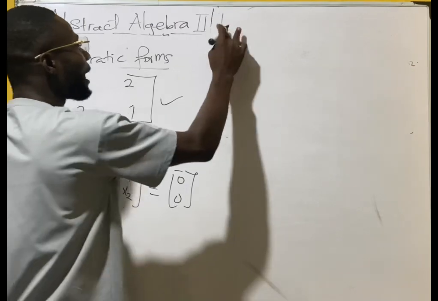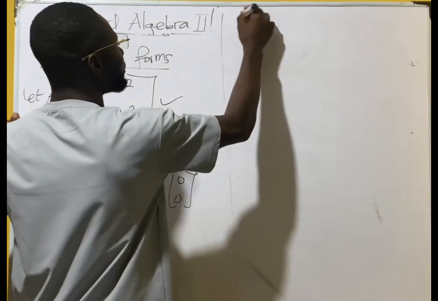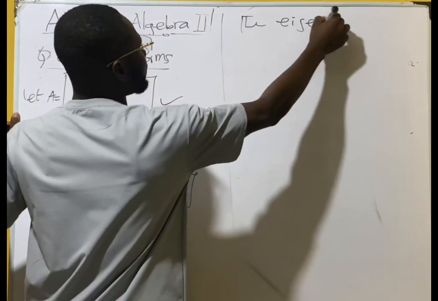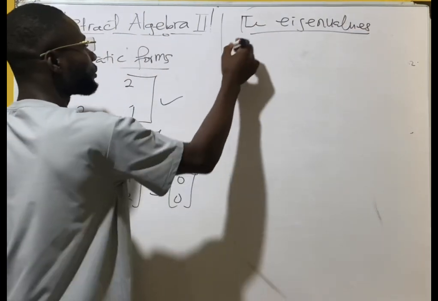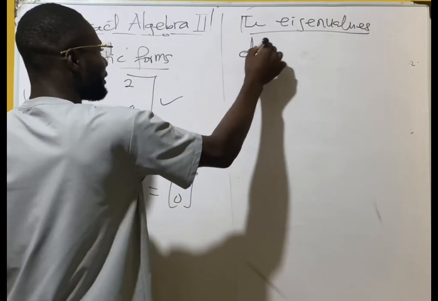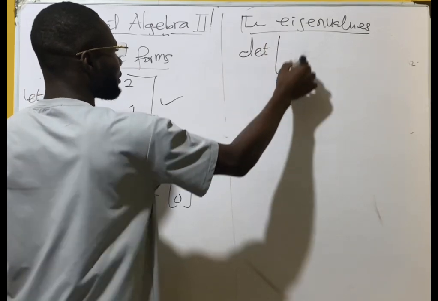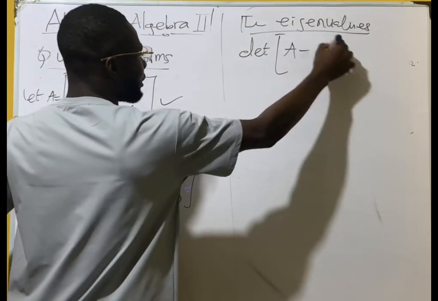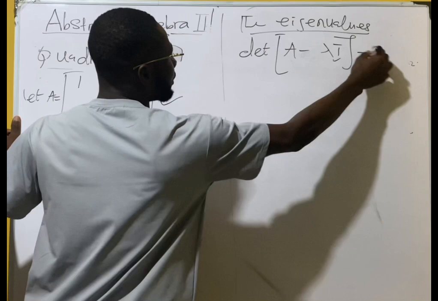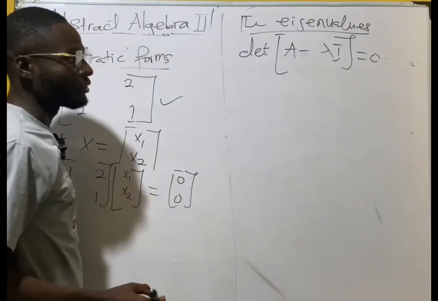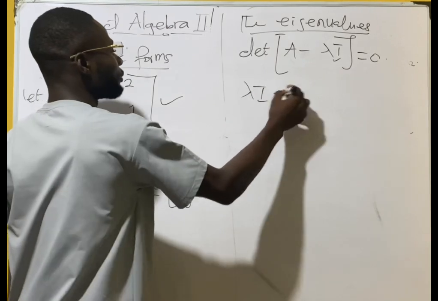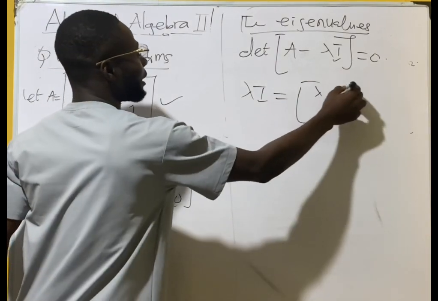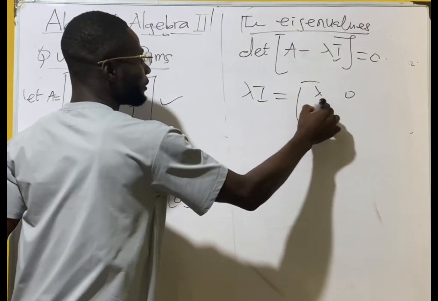So for the eigenvalues, we are going to find the determinant of the matrix. You know that to determine the eigenvalue, this is what we have to do. So lambda I should be equal to lambda, 0, 0, lambda.